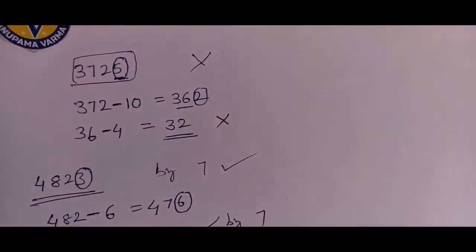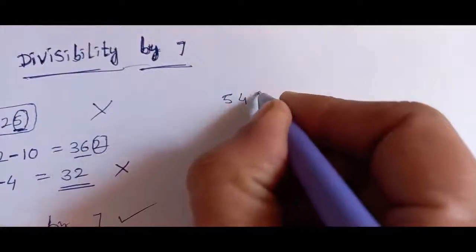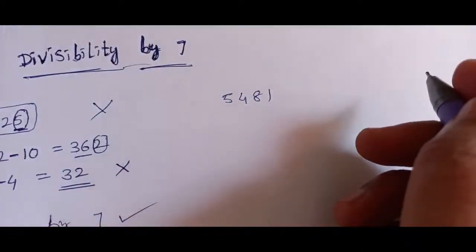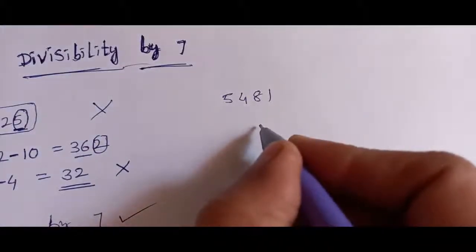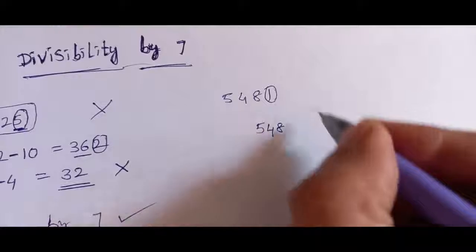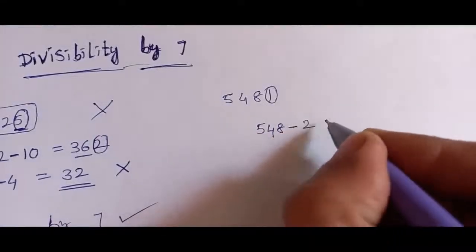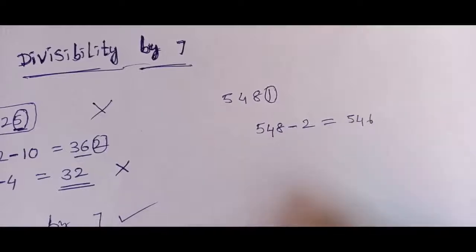Let's take one more example, 5481. Write 548 and double of this 1 is 2. Subtract 2 from 548: 546.